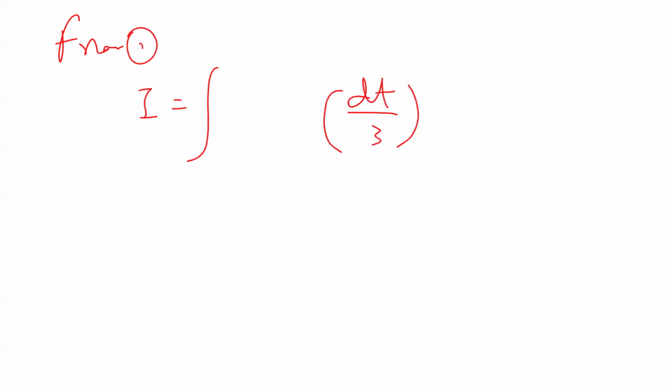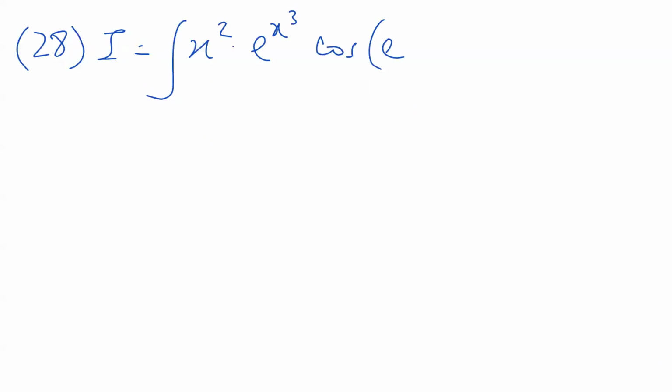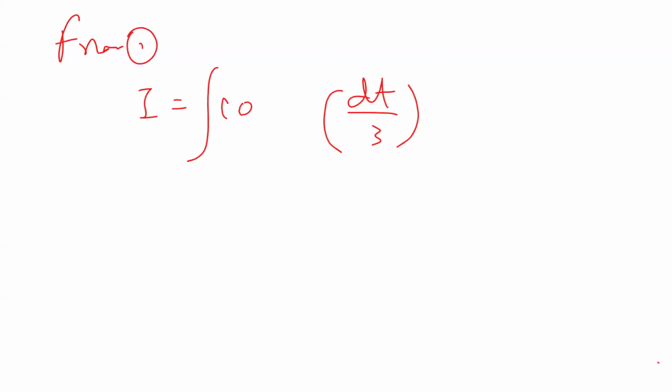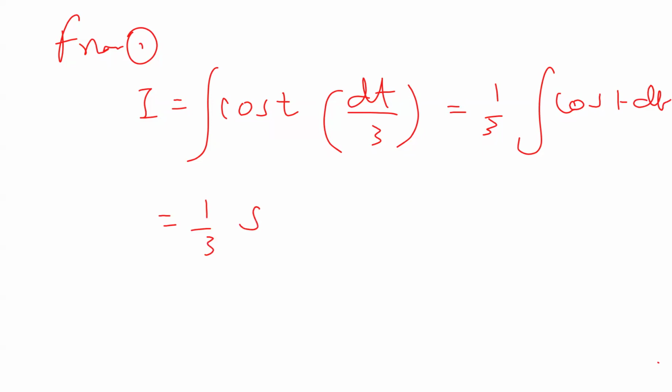Okay, and yes, cos t, this will be cos t. So 1 upon 3 outside, integration of cos t dt, 1 upon 3 outside, sin t, put the value of t as e raised to x cube.